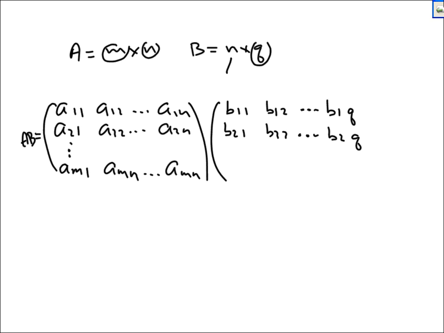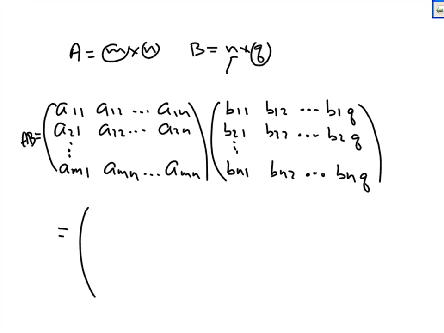But matrix B only has n rows. So eventually, you'll get to the nth row, first column, nth row, second column, nth row, the Qth column. Now, if we were to multiply this, I just want to know the size.